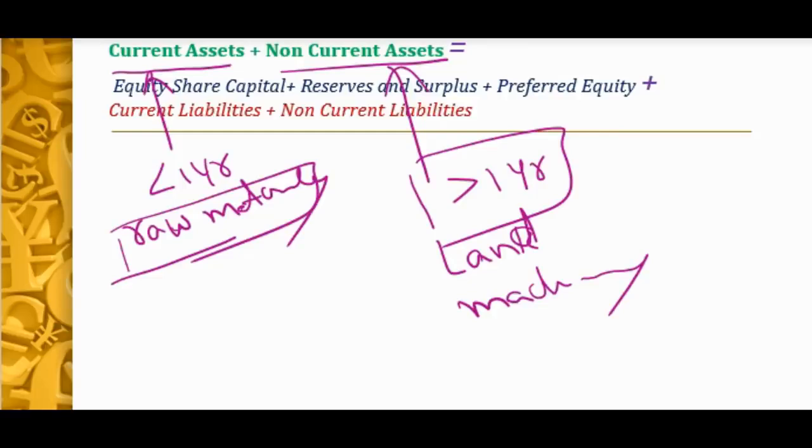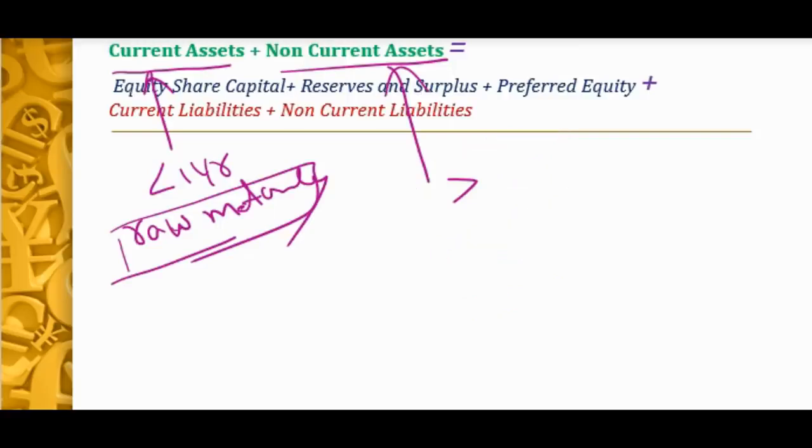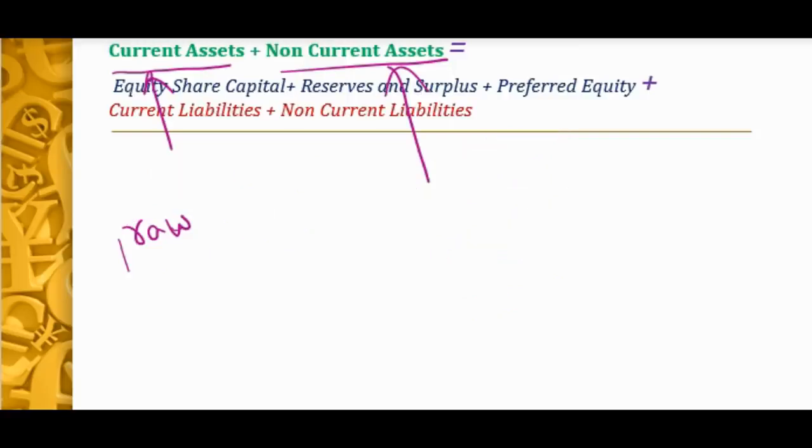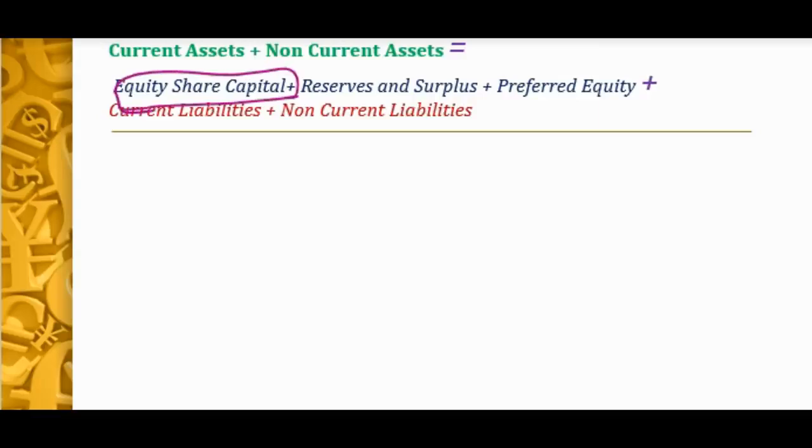Now let us look at equity. Equity again has two types. One is equity share capital and reserves and surplus; these two are generally called common equity. The second is preferred equity. What is equity share capital?